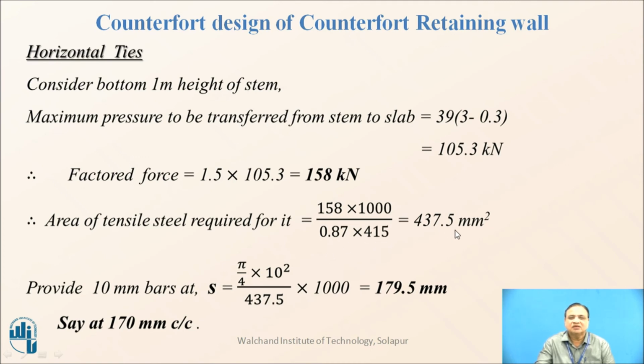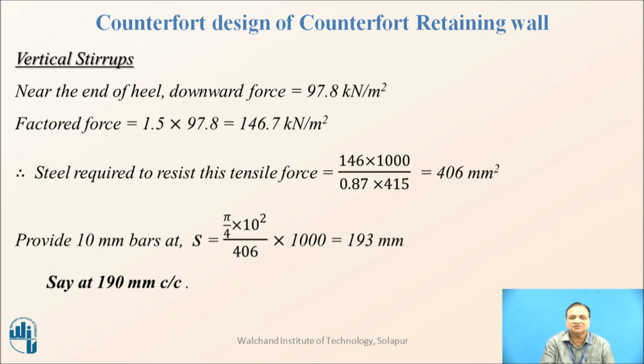So this will be the area of steel required. So provide 10 mm bars, these are stirrups, at a spacing of area of 1 bar into 1000 divided by Ast, so it gives us a spacing of 170 mm center to center. So that means the horizontal ties will be 10 mm bars at 170 mm center to center.